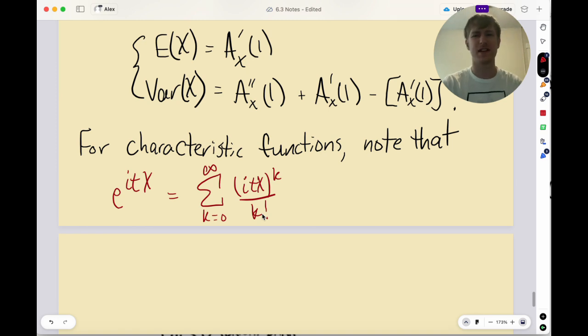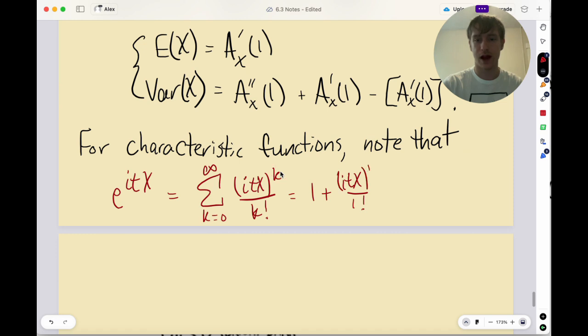Let's expand this out and see what we get. If k equals 0, that's something to the 0th power over 0 factorial, which is 1. Plus, if k equals 1, that's itX to the first power over 1 factorial.